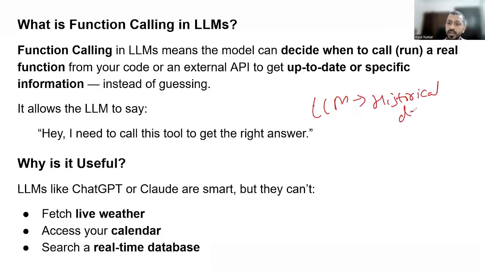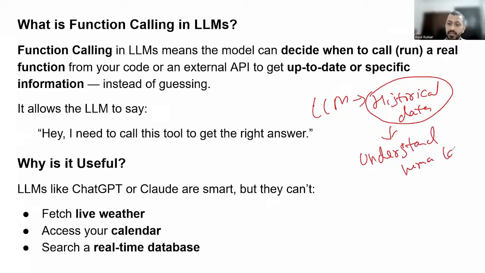It is trained on historical data so that it can understand human language and make a response of it. That means the LLM has data which has already happened, the past data. It does not have current data, right?